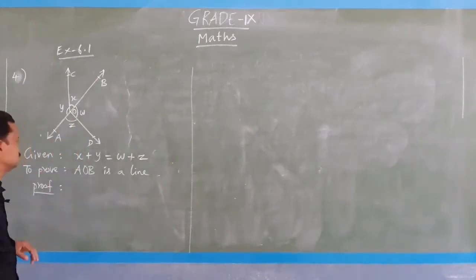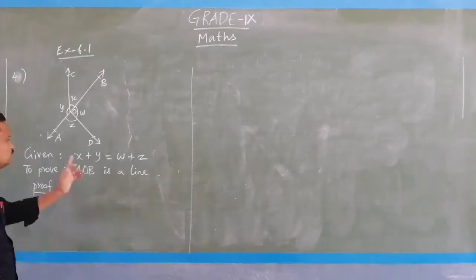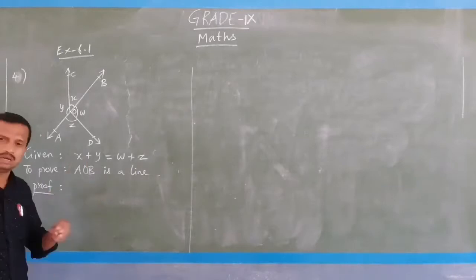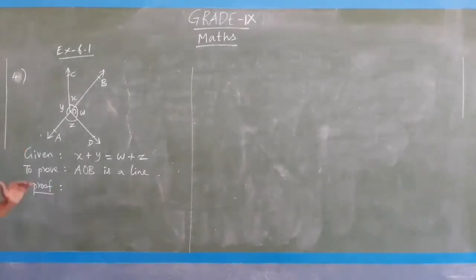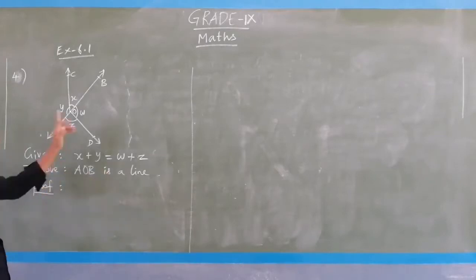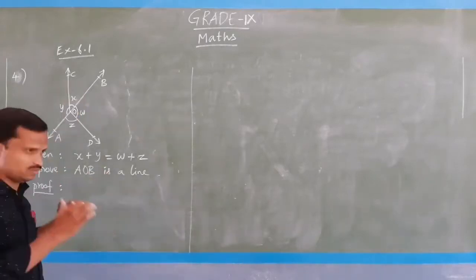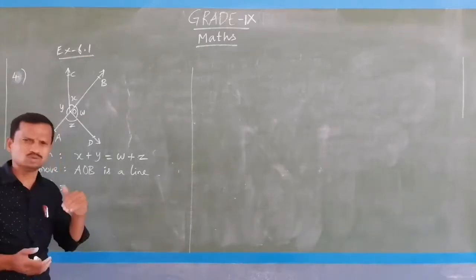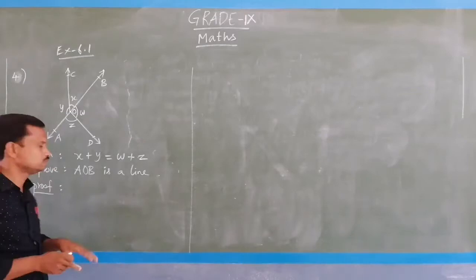Okay, and the given part is x plus y equal to w plus z. So, x plus y equal to w plus z is given, and they ask to prove AOB is a line. From the figure it looks like a line, but we have to prove it. AOB is a line.